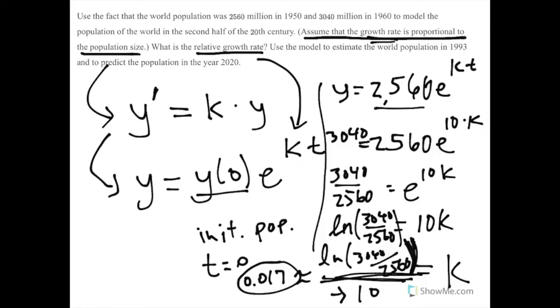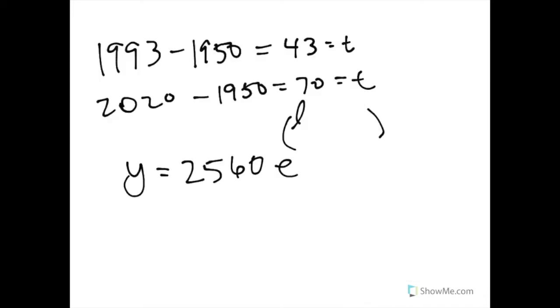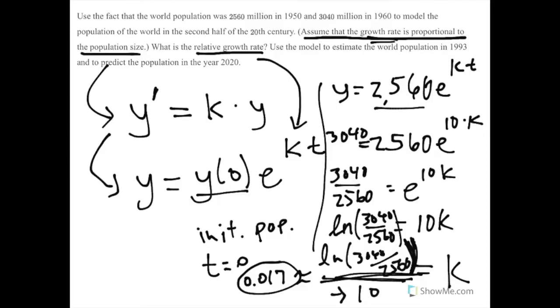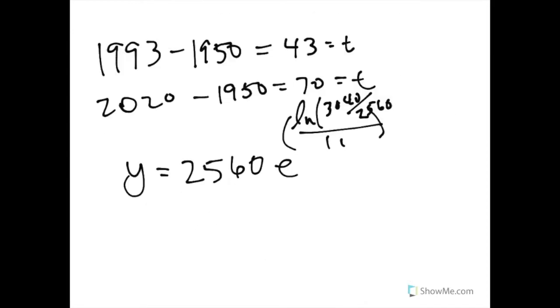You could just write k as a decimal but carry it really, really far, or you could write it as the natural log of 3040 over 2560, all divided by 10, if you want to be as precise as possible. Then multiply by t and plug in 43 and 70 for your t values and figure out what you get for y.